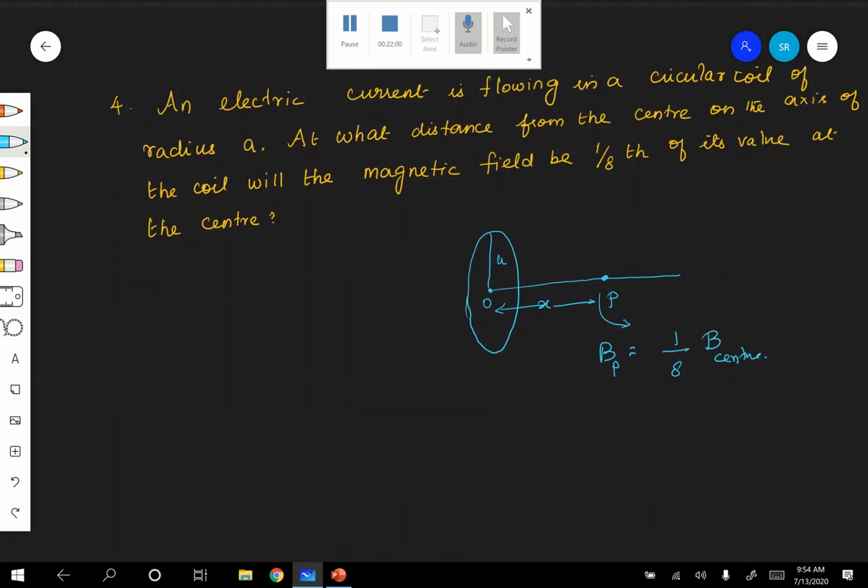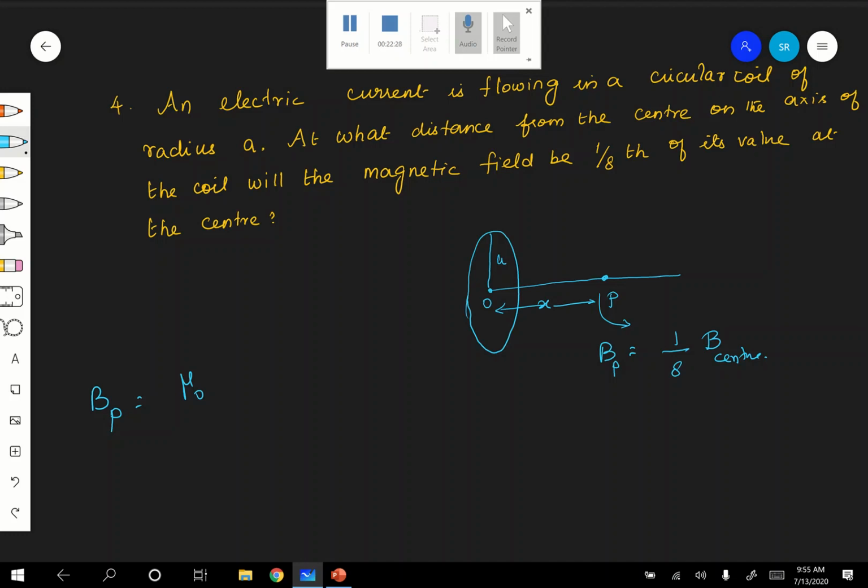What is BP? On the axis of a circular coil, there is one formula. What is that? Mu naught, the number of turns is not there, only one circular coil.